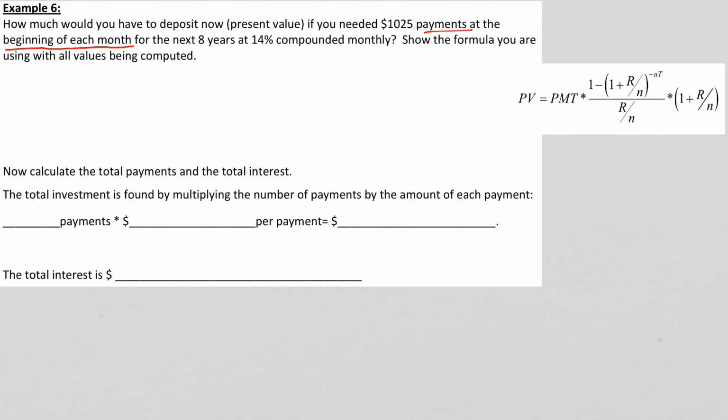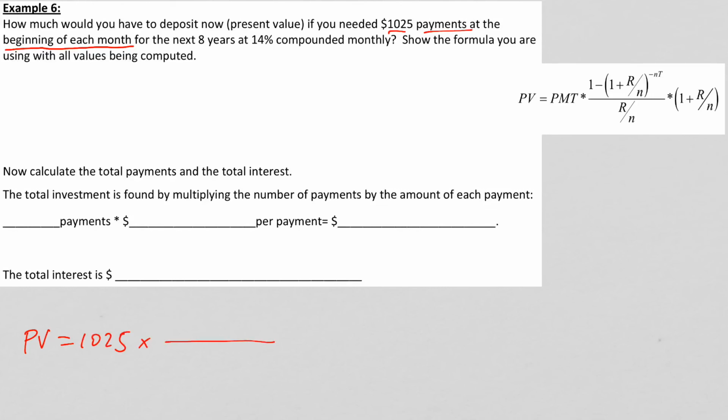Now, how much money does the account need to be funded with? And by the way, loans work exactly the same way. You could think of this as borrowing money, and then the payments that you're receiving are actually payments that you're repaying the loan with.